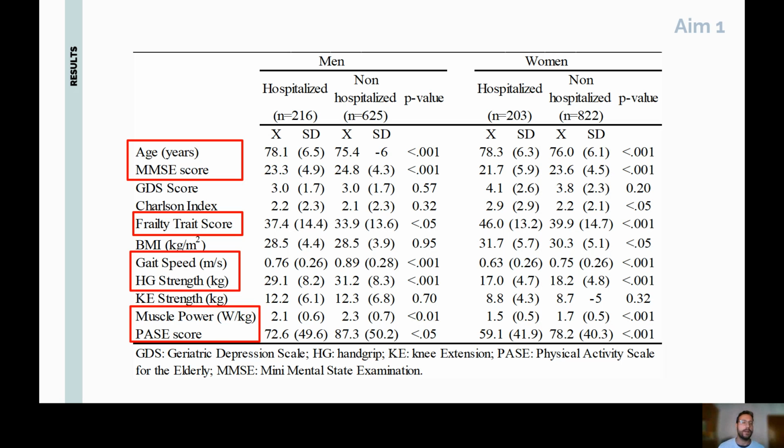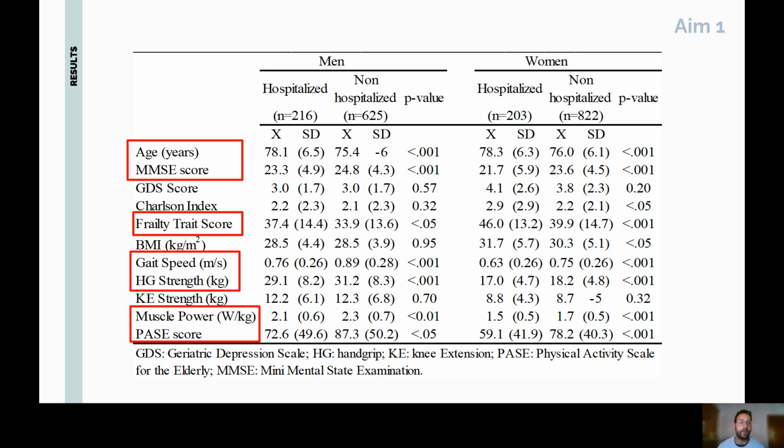Our results show that for the first aim, we compared the hospitalized versus non-hospitalized. As you can see from the table, we have men and women in different analyses.